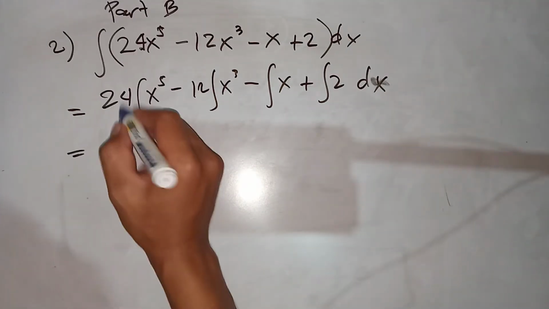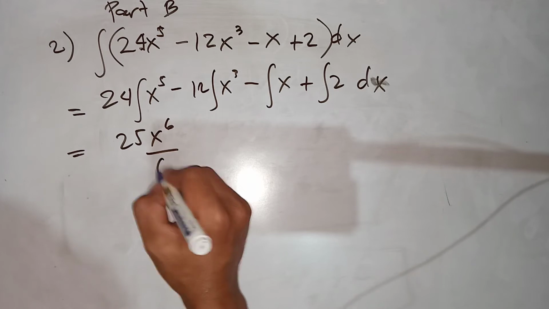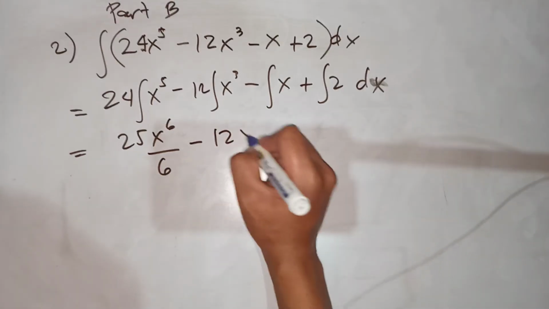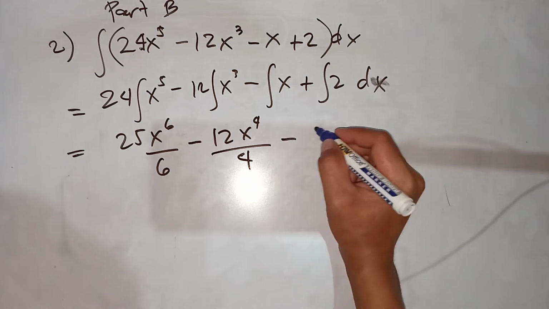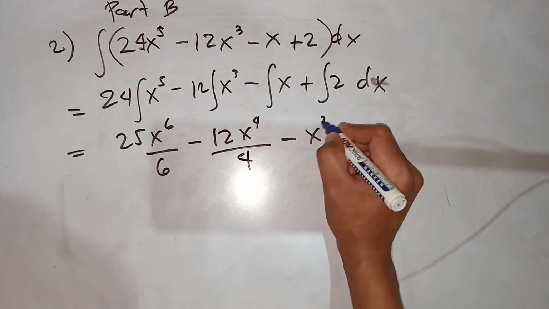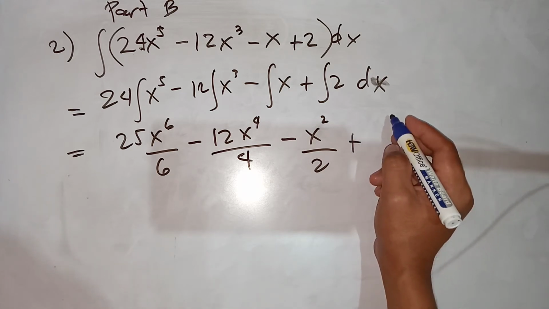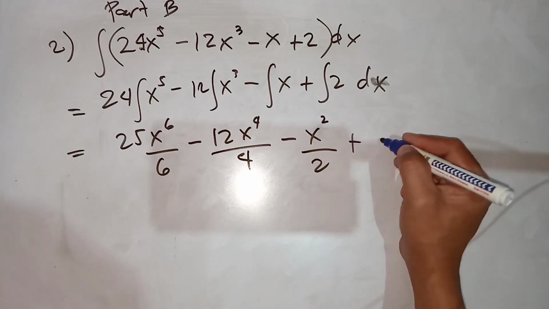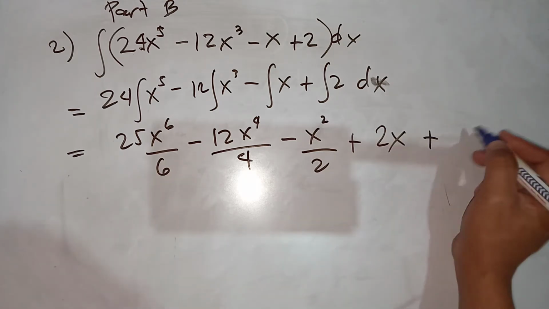This becomes 24 x to the 6 over 6 minus 12 x to the fourth over 4 minus x squared over 2 plus 2x plus c.